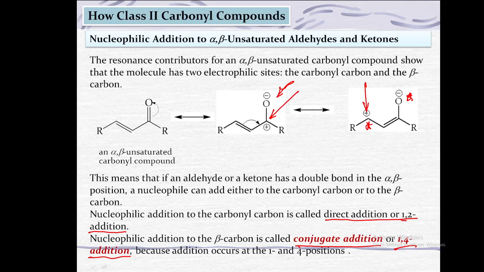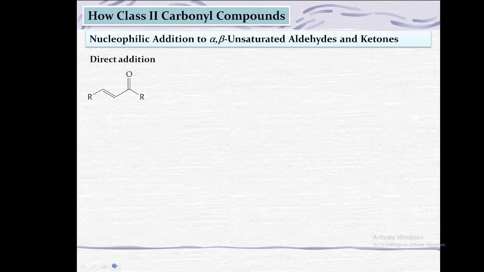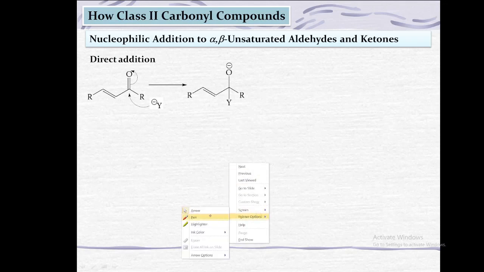So now that's the difference, but let's build up on this one a little bit more. Let us look more closely at this direct addition, though you already know it, but now in the light of the fact that we have an alpha beta unsaturation. So when a nucleophile comes, as shown here, it attacks in a direct addition the carbonyl carbon, the pi bond of the carbonyl breaks, as shown by the arrow. We end up having a single bond there.